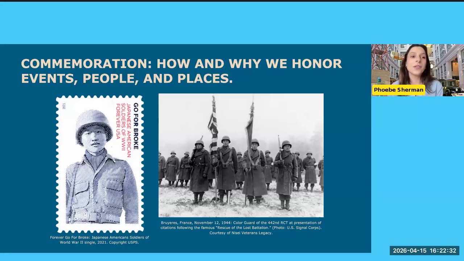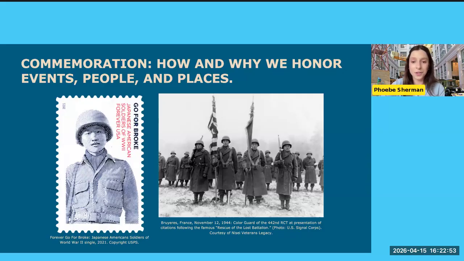So, this stamp honors the about 33,000 Japanese American soldiers in World War II. Its focus is on recognition, memory, and often the overlooked contributions, and the importance then of commemoration of those contributions through collective recognition.